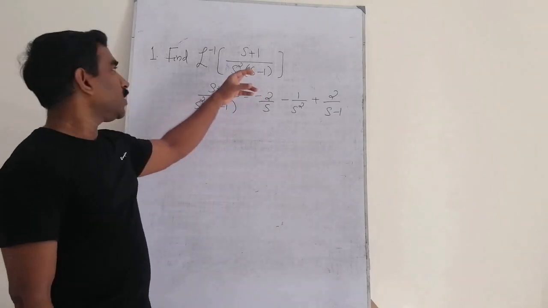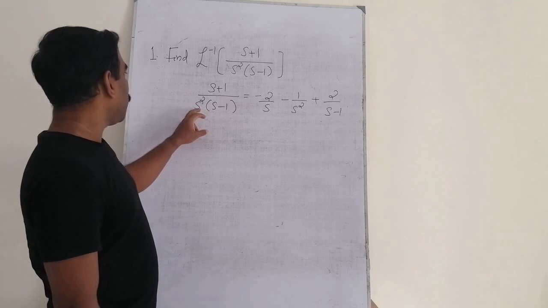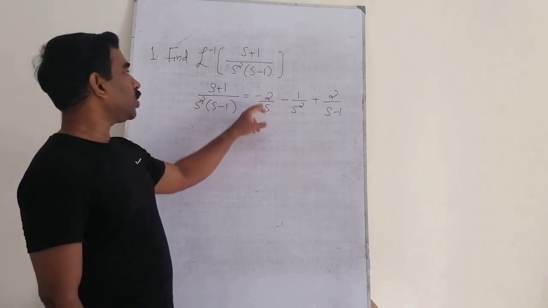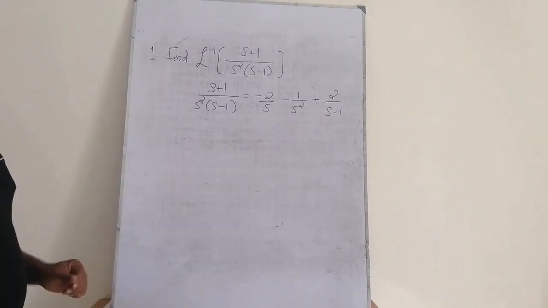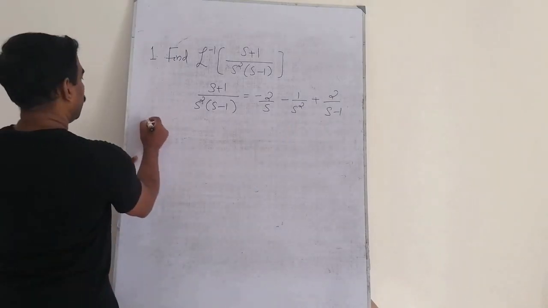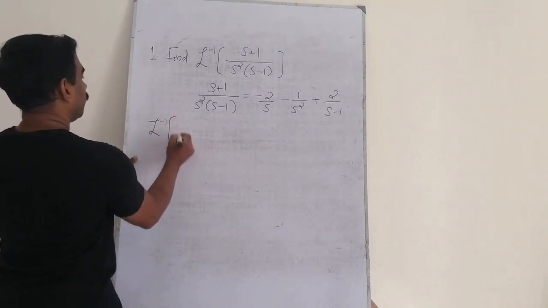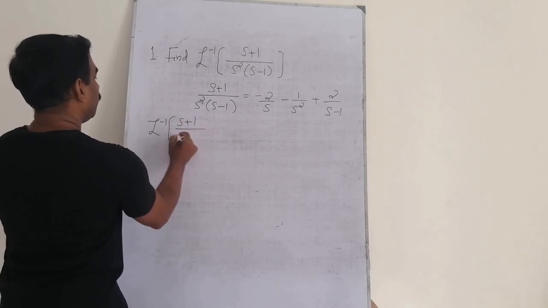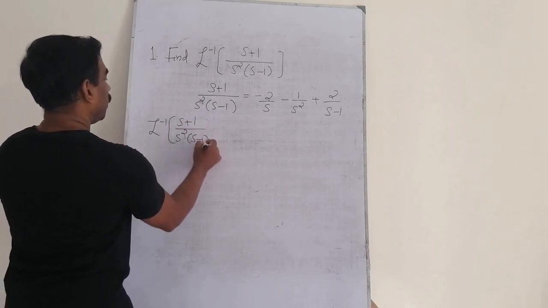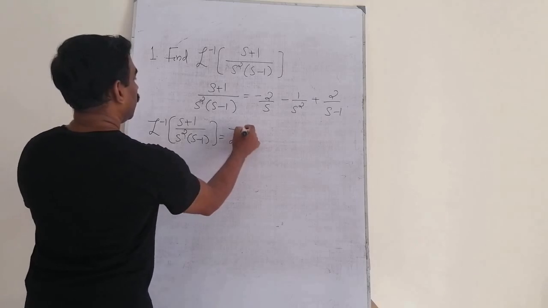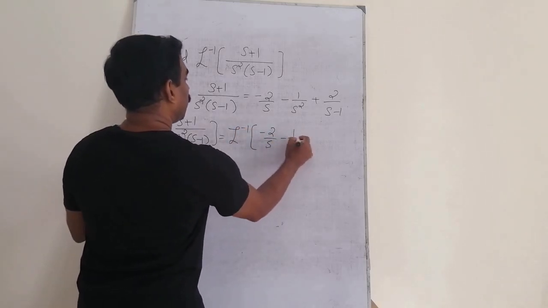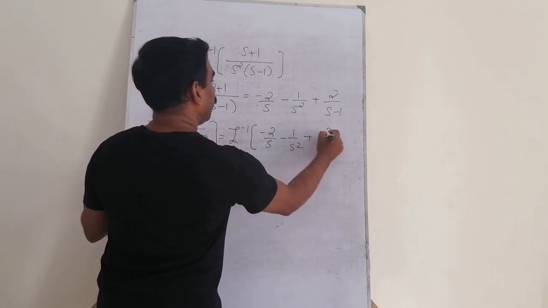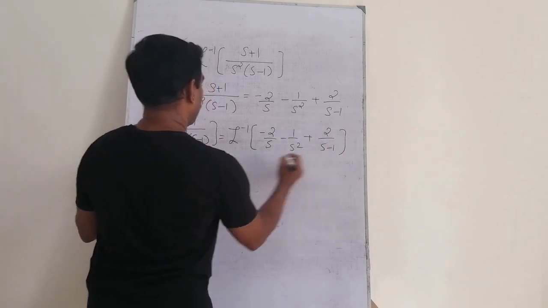Now we can rewrite this fraction (s + 1)/(s^2 (s - 1)) as -2/s - 1/s^2 + 2/(s - 1). Therefore, L inverse of (s + 1)/(s^2 (s - 1)) is equal to L inverse of -2/s - 1/s^2 + 2/(s - 1).